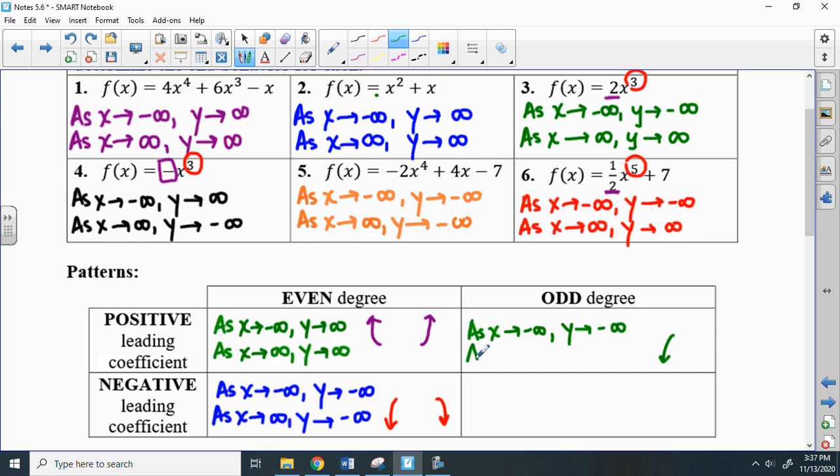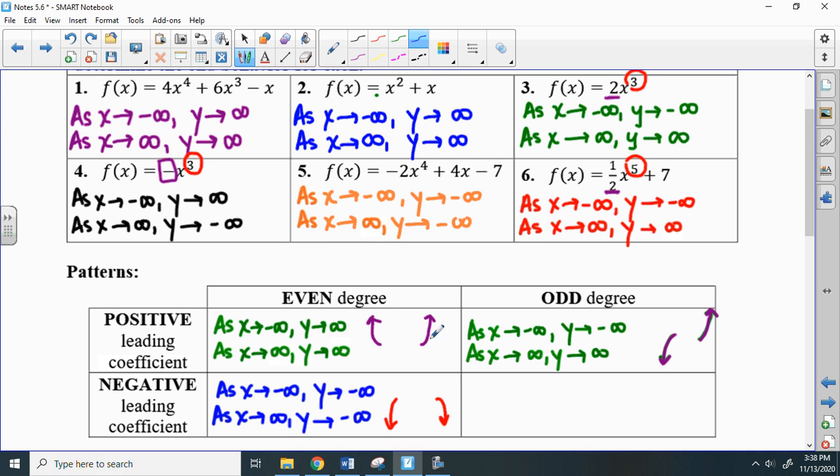And when we look at the right side, the right side will be going up. So it'll look something like this. It doesn't matter what happens in between when you're doing end behavior, you only have to worry about the ends. So if it's odd degree and the leading coefficient is positive, your left end goes down, so your negative matches your negative, and your right end goes up, so your positive matches your positive.